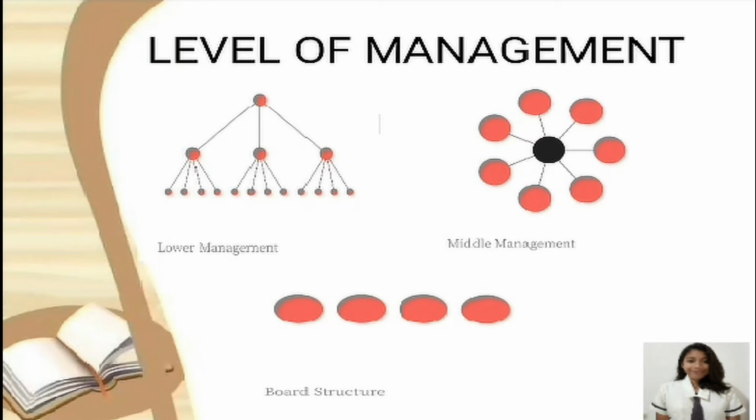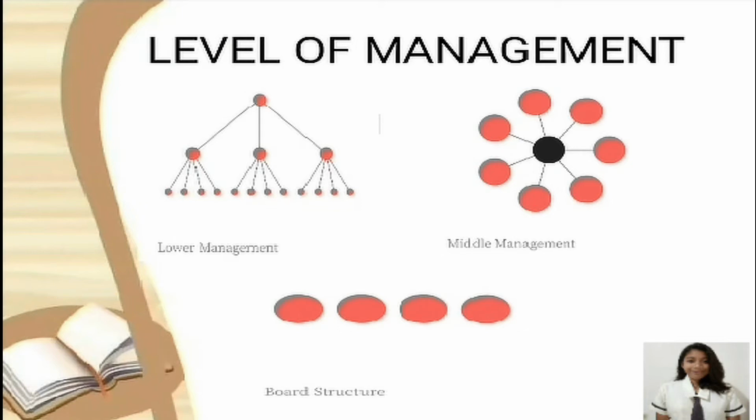There are three kinds of levels of management: the lower management, middle management, and the board or top-level management. I also have here the illustrations of each level of management. As I said earlier, management is an organized hierarchy, so we start at the very top.